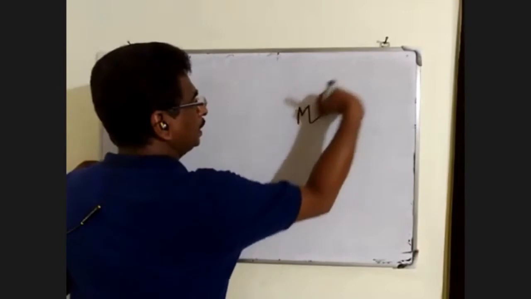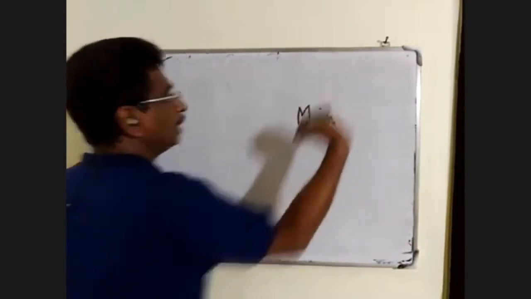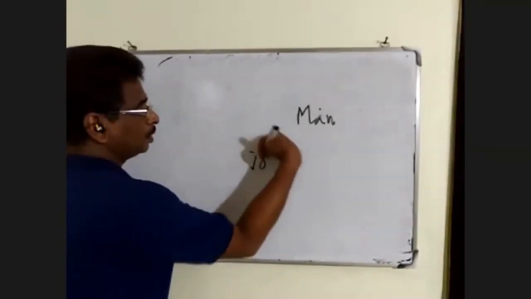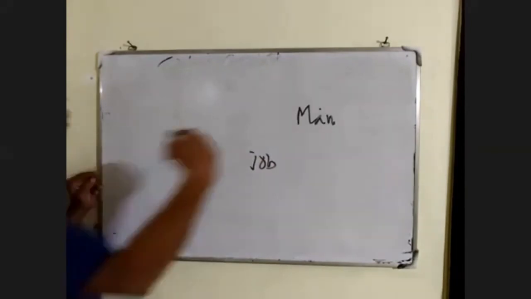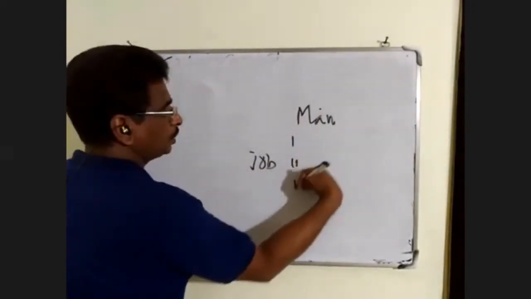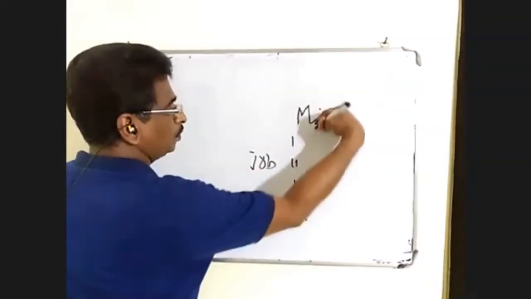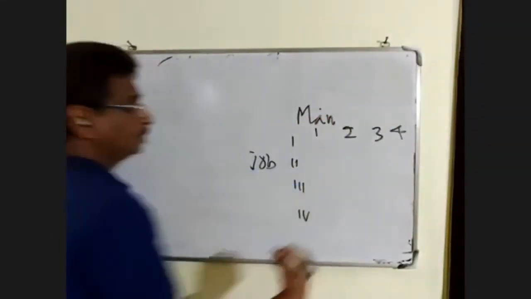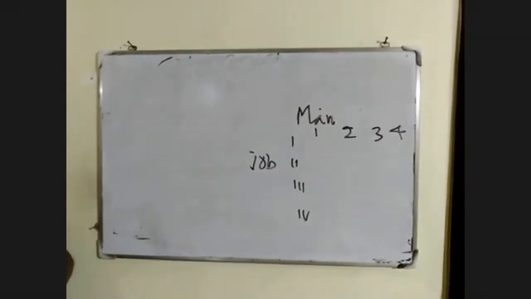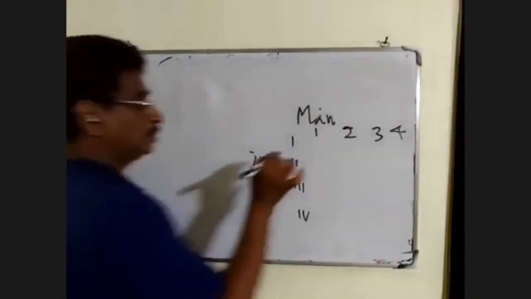Okay, please write the question. Solve the following assignment problem. Men and the jobs on the left side. How many men are there? 1, 2, 3, 4. Next row: 12, 30, 21, 15.